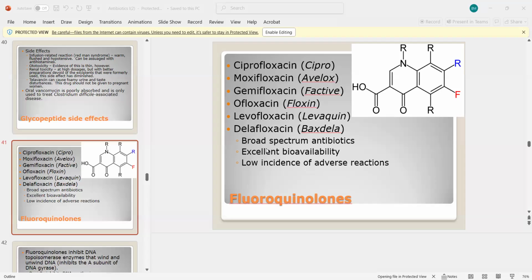All right. Now we're going to talk about the fluoroquinolones. The fluoroquinolones inhibit topoisomerases. Who can tell me what a topoisomerase is?